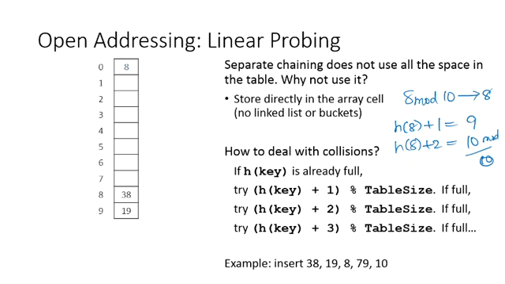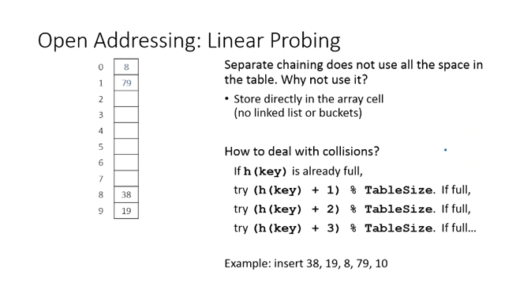The next element is 79. 79 mod 10 will give 9. In the 9th position you have a collision. So 9 plus the first collision is 10, so it goes to the 0th position. Again a collision. With 9 plus 2 it is 11, and 11 mod 10 is the first position, again a collision.